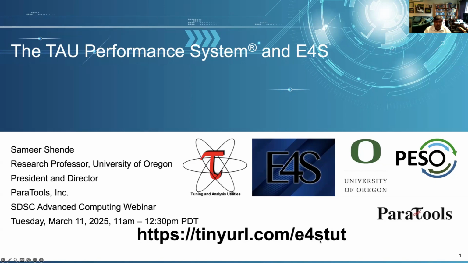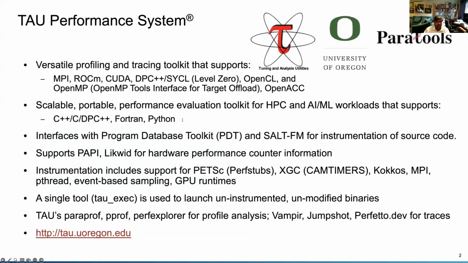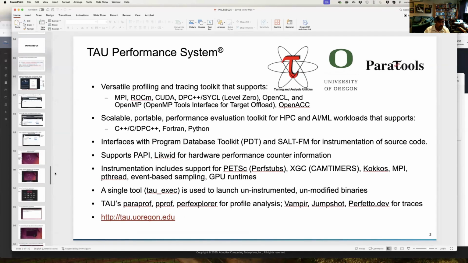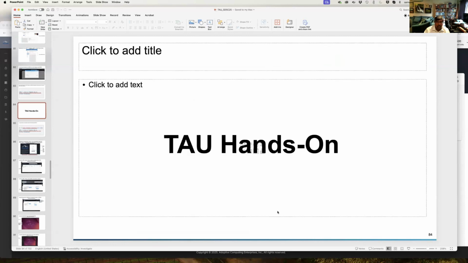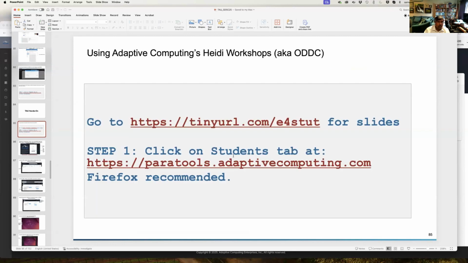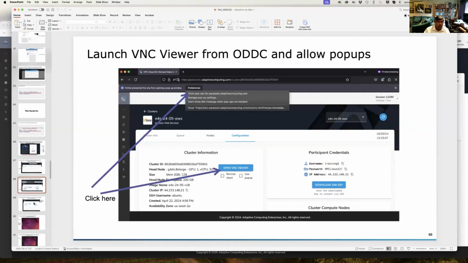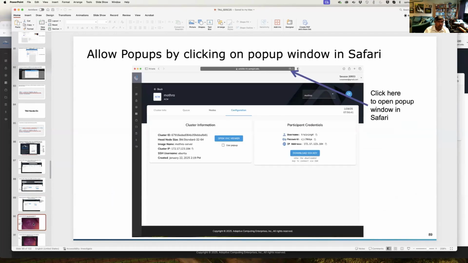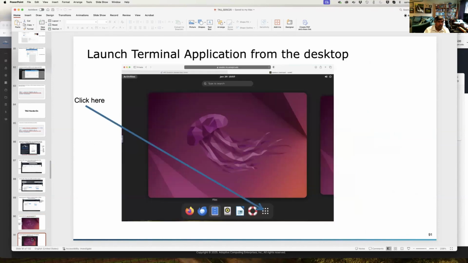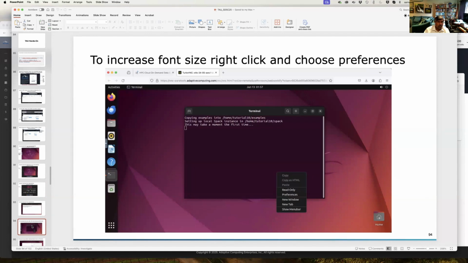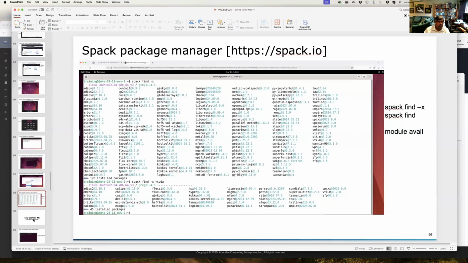And it's all there in this E4S tut. Those who are anxious to try the hands-on session may want to go straight down to the Tau hands-on part, which starts on slide number 84, if you want to see how to connect to this system that we have set up and log in and launch a remote desktop like this and get a terminal window and run the tools.